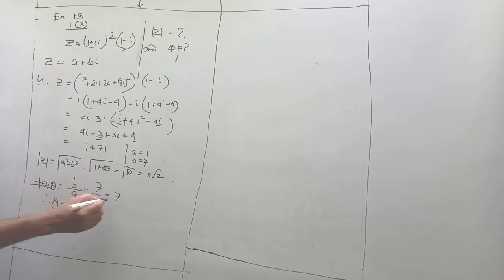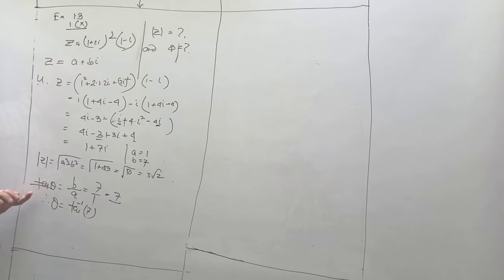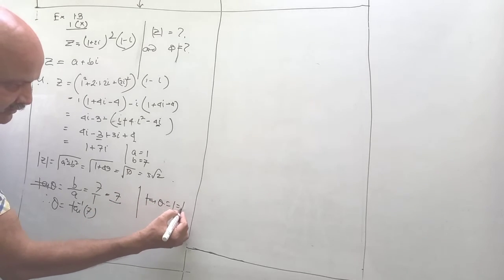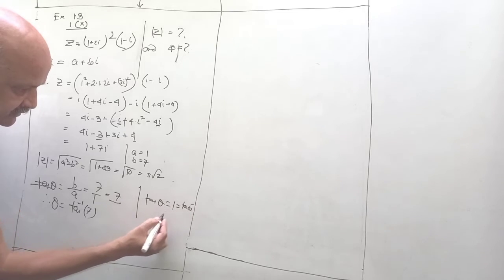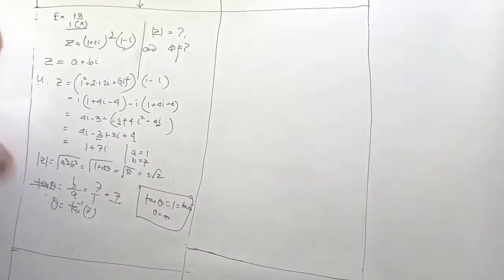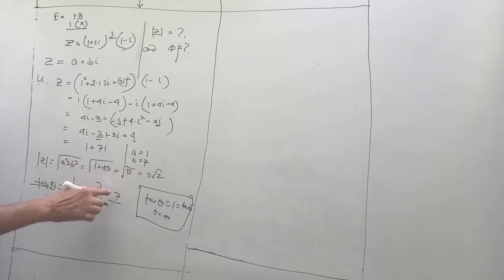This is known as a standard inverse trigonometry. Here, if tan theta equal to 1, then we know tan theta equal to 1 equal to tan 45 degree, theta equal to 45. But the same thing is not possible because 7 is a non-standard value.